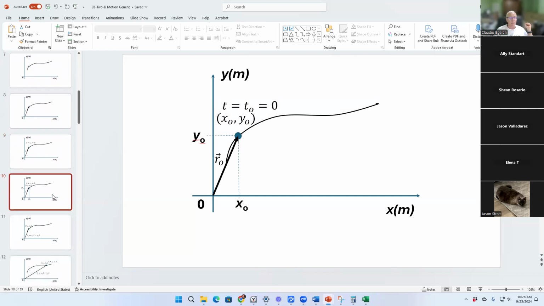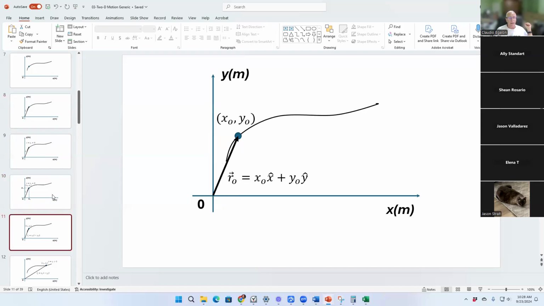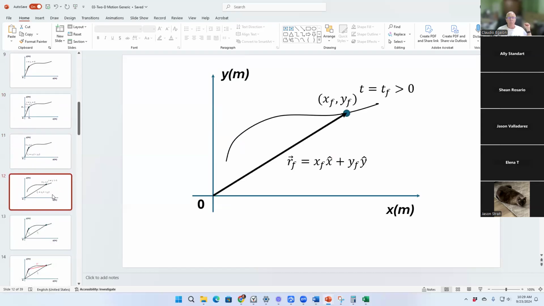The coordinates of this point are x0 and y0, initial position along the x-axis, initial position along the y-axis. The final position vector at t equal to tf greater than 0 is going to be this vector that you see right here, different from the previous one. That's a very generic situation that I'm drawing here for you.